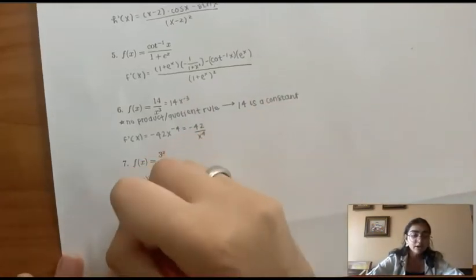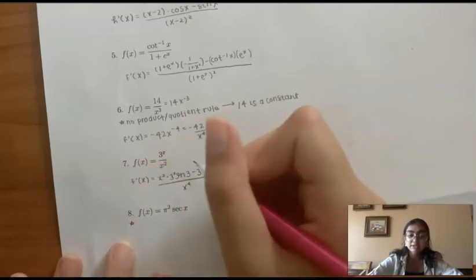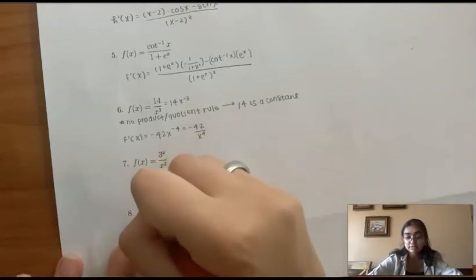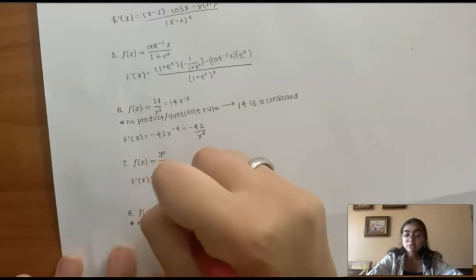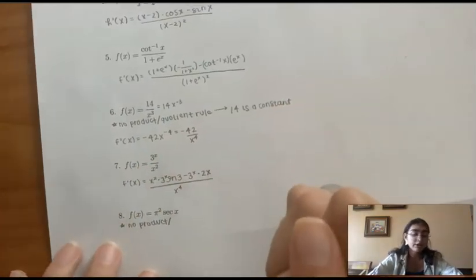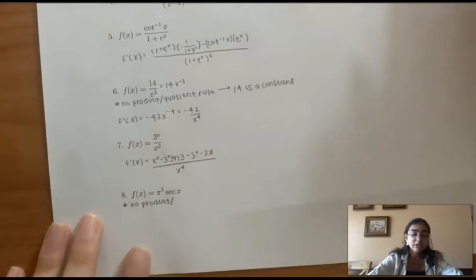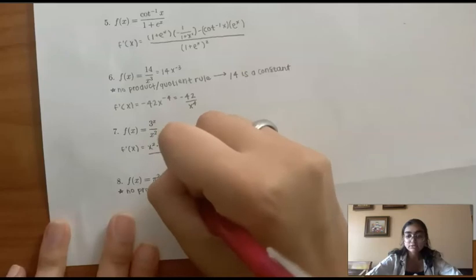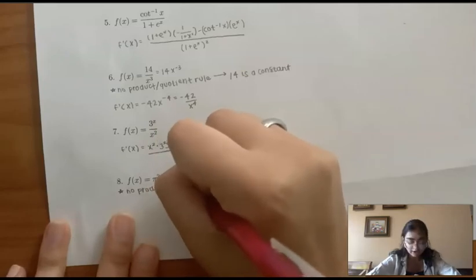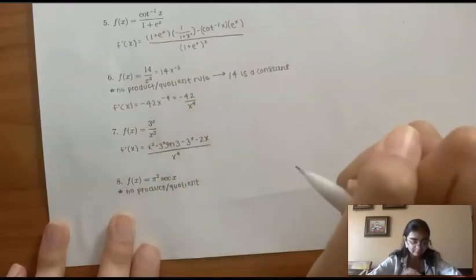Now for number 8, you'll notice that we have pi squared times secant x. That seems like it should be a product again, but since pi squared is a constant, we are not using the product rule in this case. We can instead just use the trig derivatives to find the derivative of secant x.